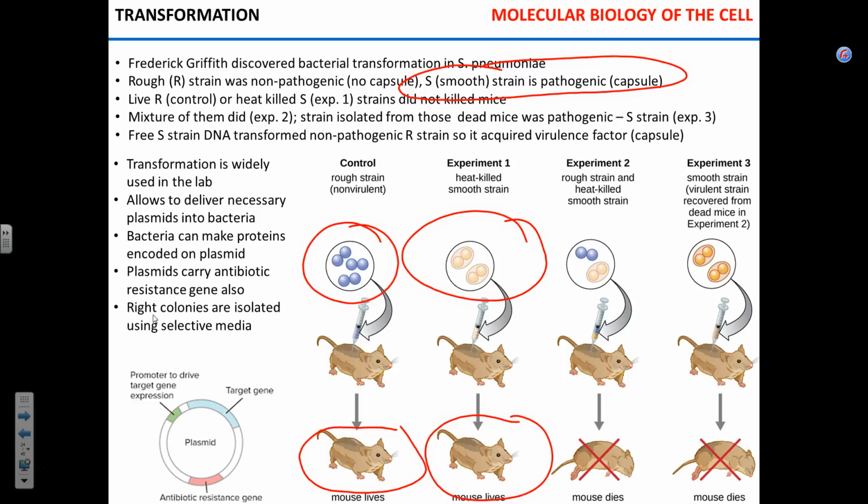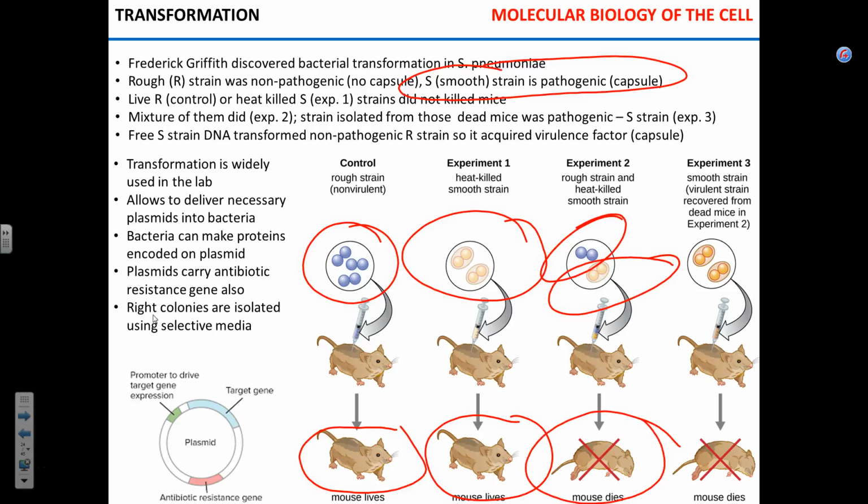And then Griffith, in the attempt to identify how pathogenicity can be maintained, transferred, and so on, mixed the live non-pathogenic and the dead pathogenic strains, and inoculated that mixture into the mouse.